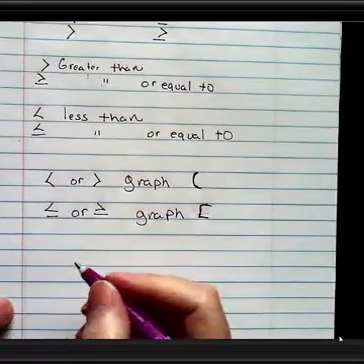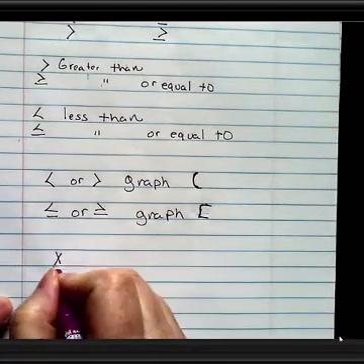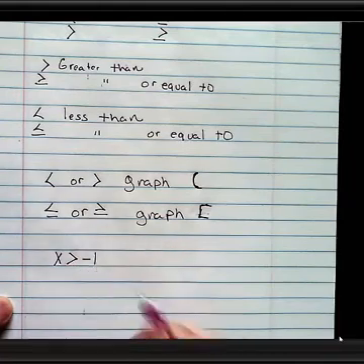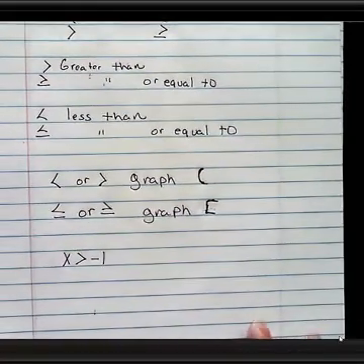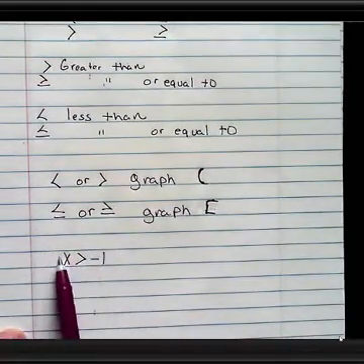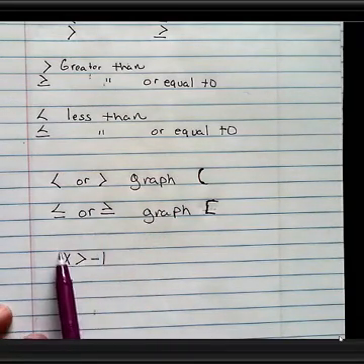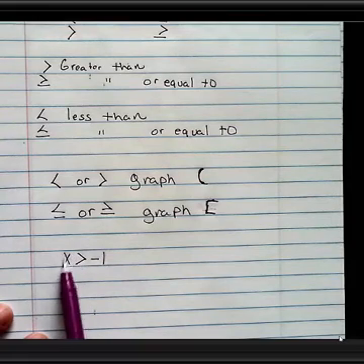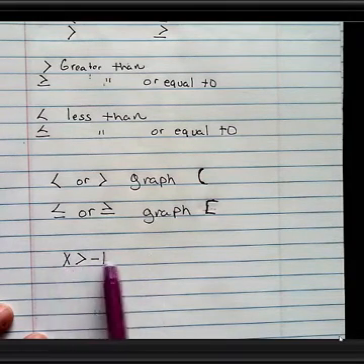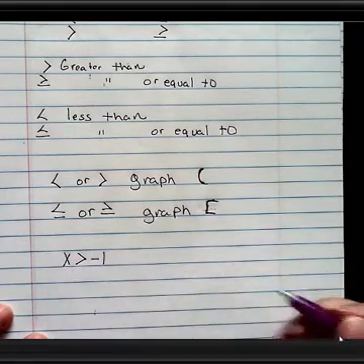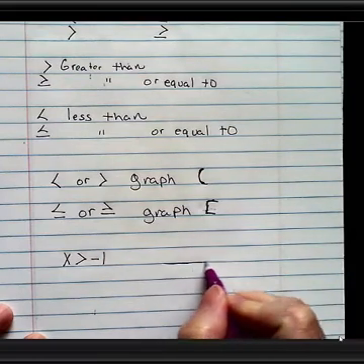So if I wanted to graph x is greater than -1 on a number line, what this means is x can be anything bigger than -1. Now, in inequalities, you always want to have your variable on the left side because it just makes things smoother in the long run. And I'll explain that in just a minute. But here's my number line.